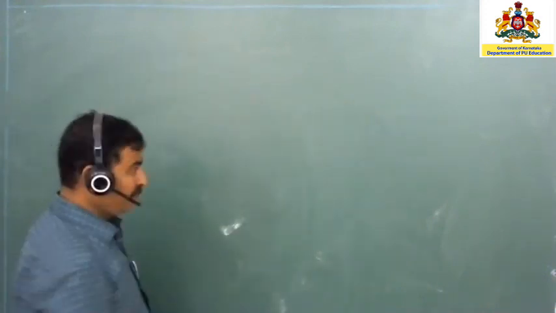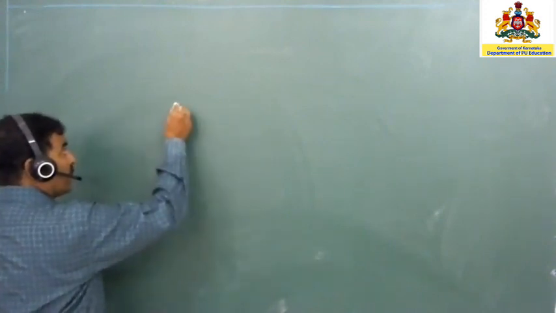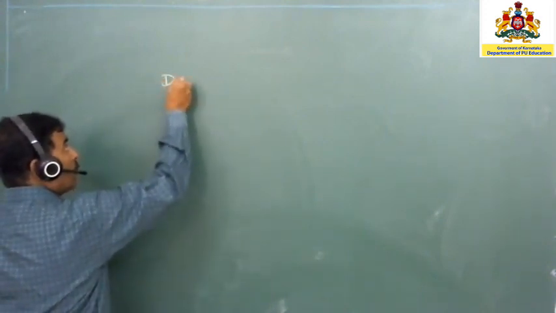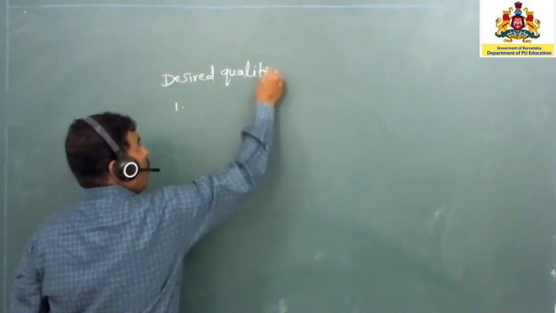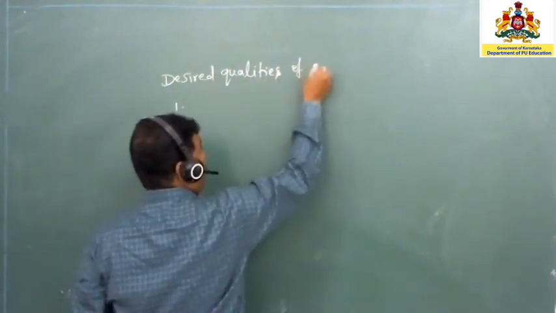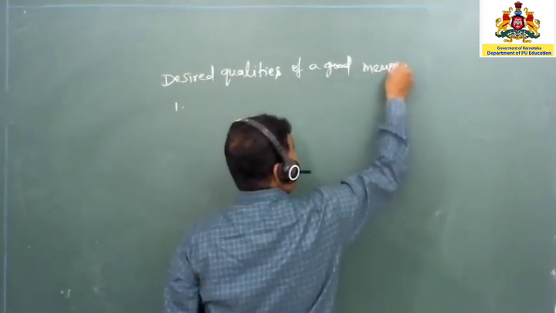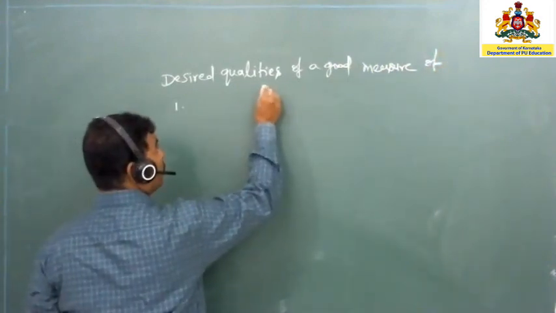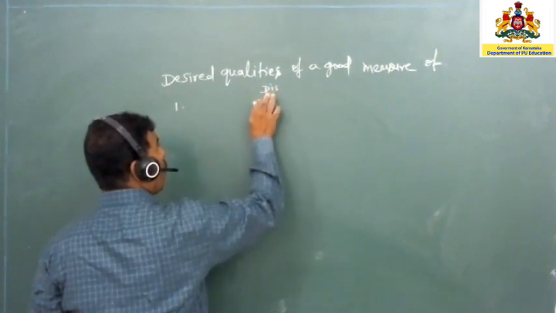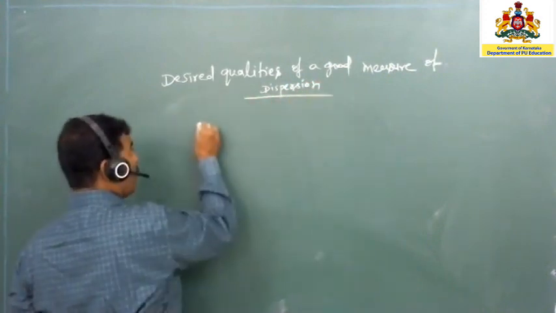These are the desired qualities of a good measure of dispersion. This is important for 5 marks.